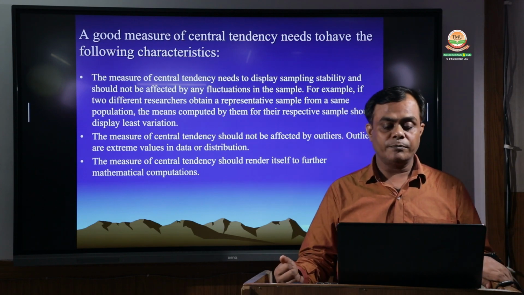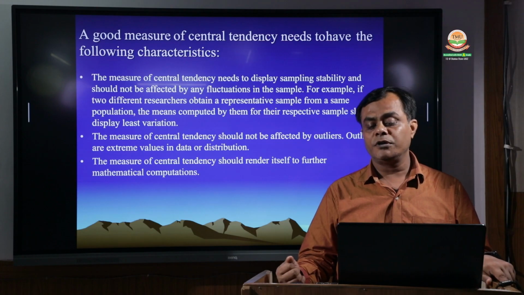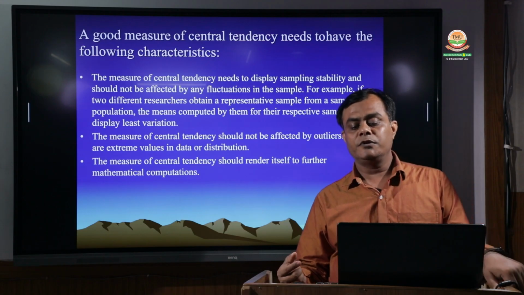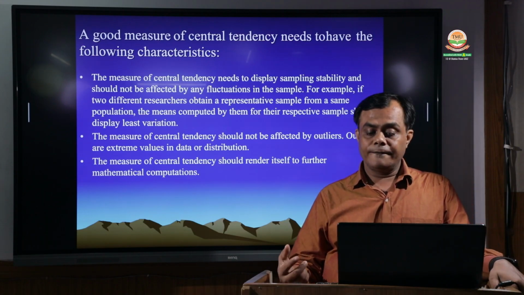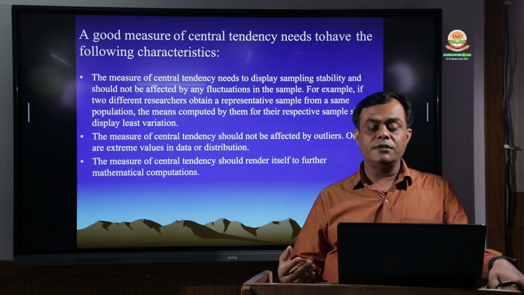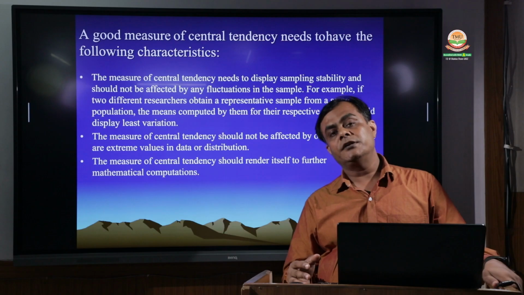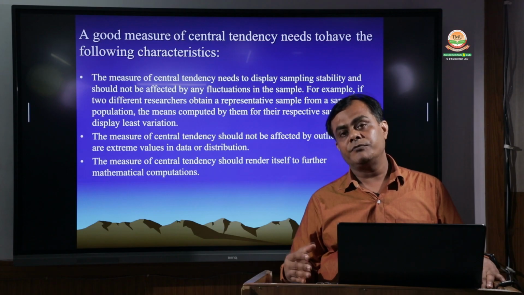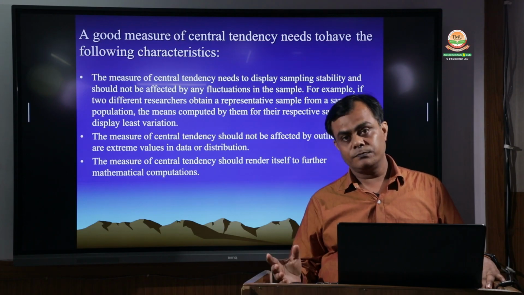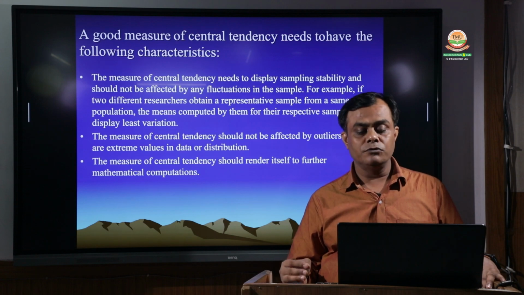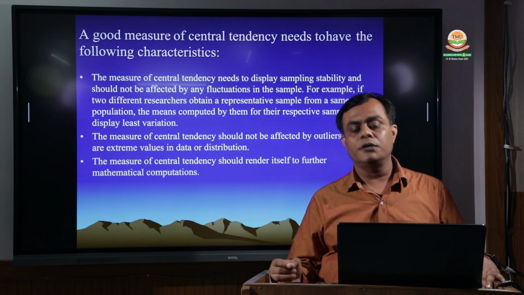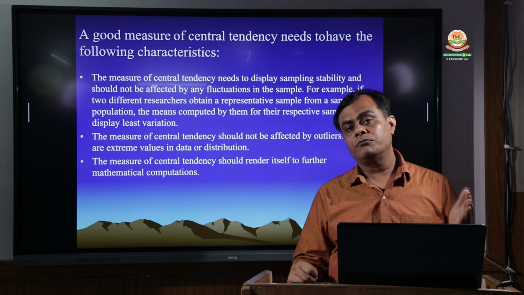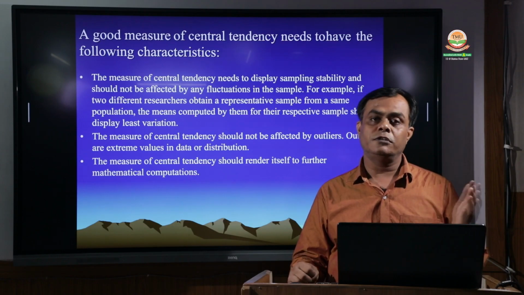For example, if two different researchers obtain a representative sample from the same population, and compute the mean, the representative sample should display the least variation. Simply, if we gather samples from the population with various researchers, there should be no variation in the measurement of central tendency, whether gathered by researcher 1, researcher 2, or researcher 3.